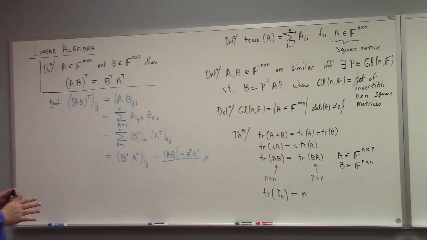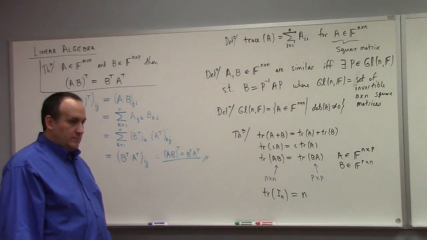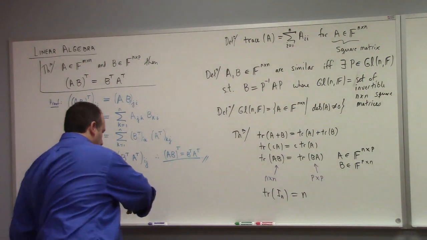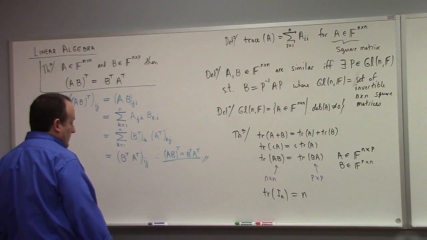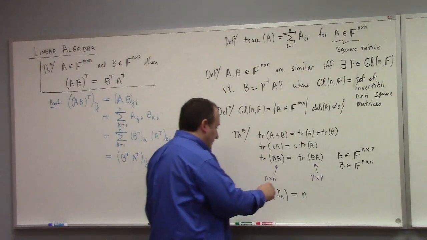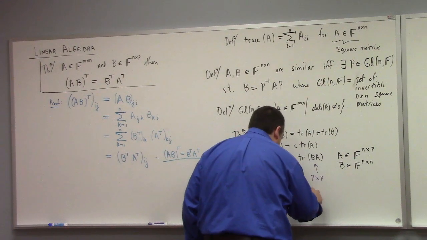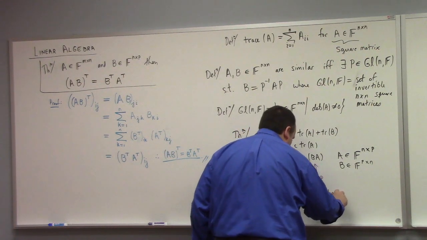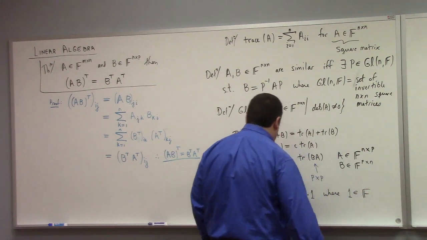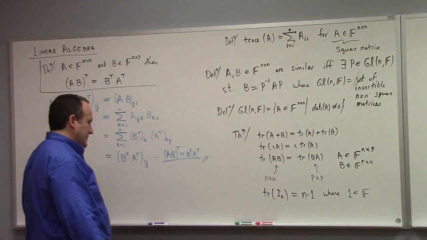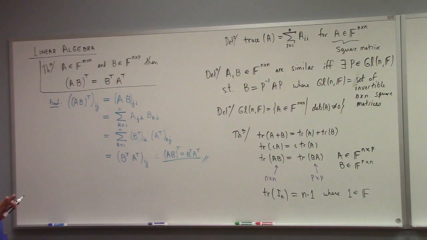All right, so here, the trace of the identity equals n, since we're using an arbitrary field, then that means the identity of the field added n times? Yes, so here I mean n times 1, where 1 is an element of the field, which is the multiplicative identity. That is true. And I am working, admittedly, in characteristic 0.